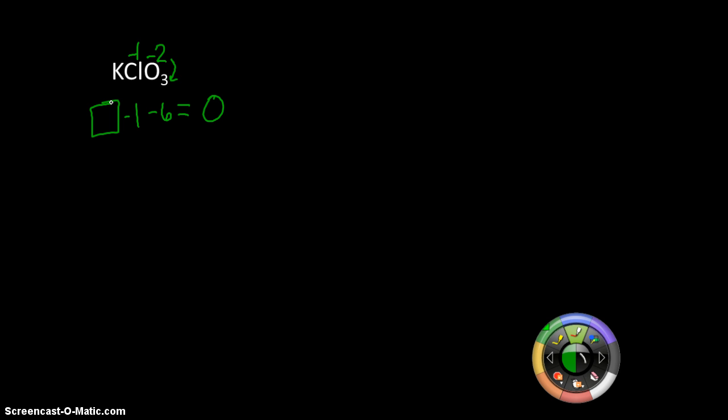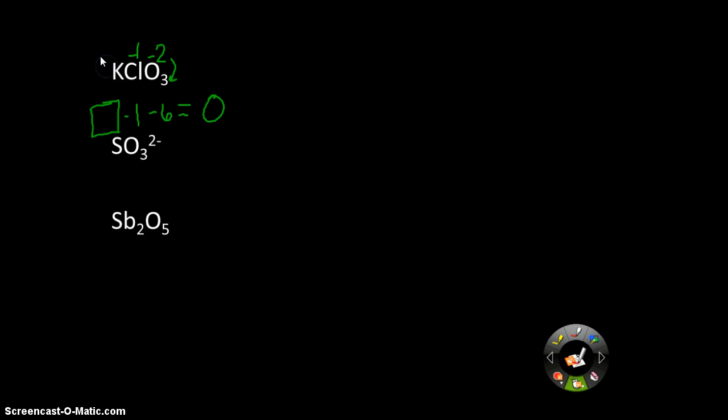So what are we going to give potassium to get 0? Well, -6 minus 1 is a -7. So you're going to give the potassium a +7.